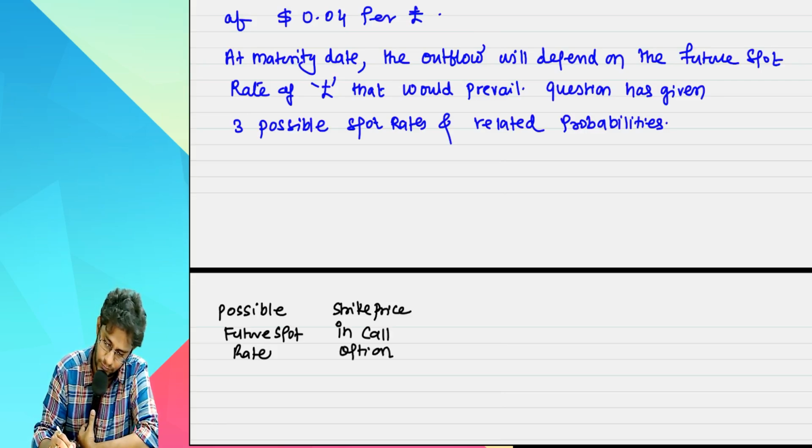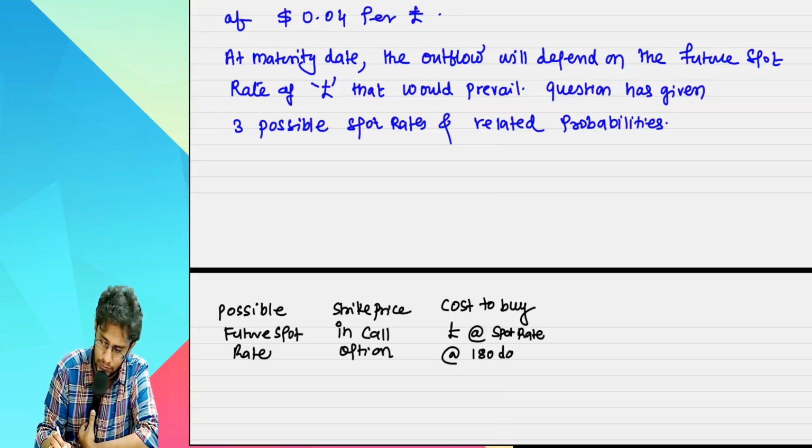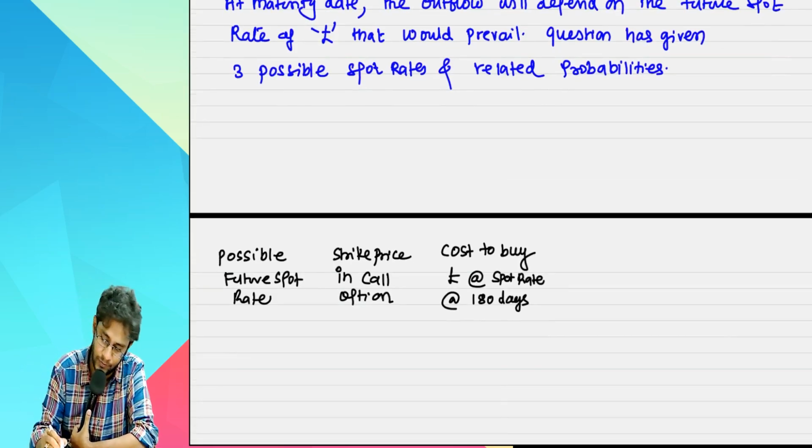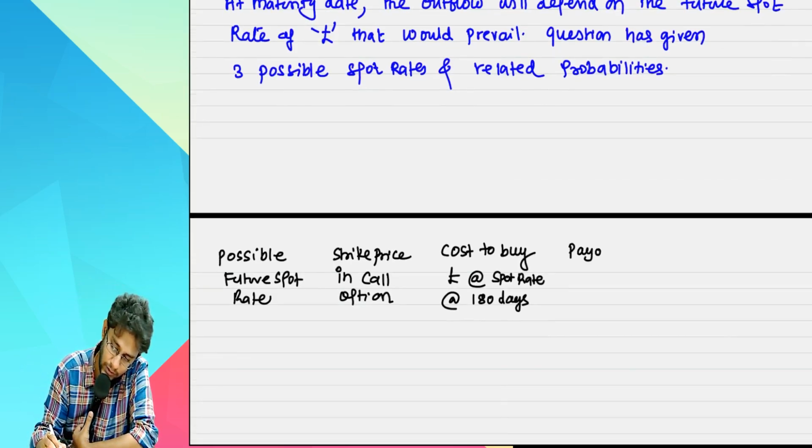Then cost to buy pound at spot rate at 180 days. This and the first column both will give you the same answer. Fourth column will be payoff received in call option.